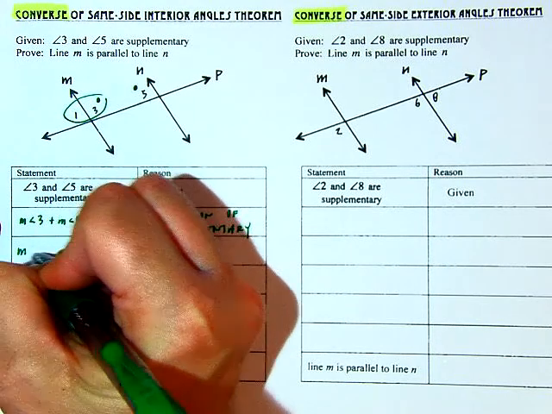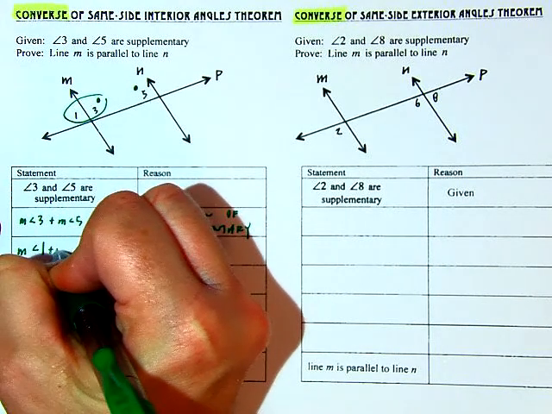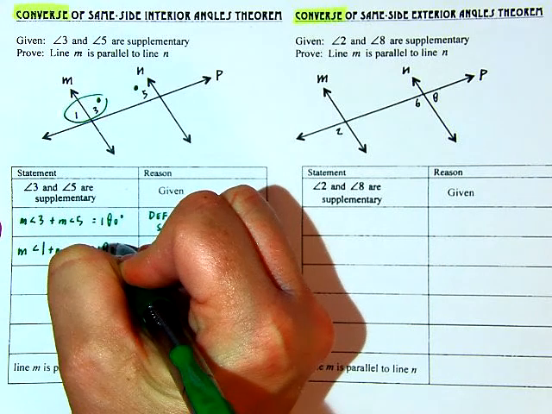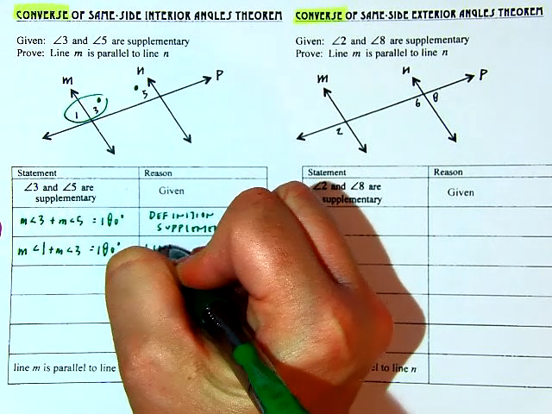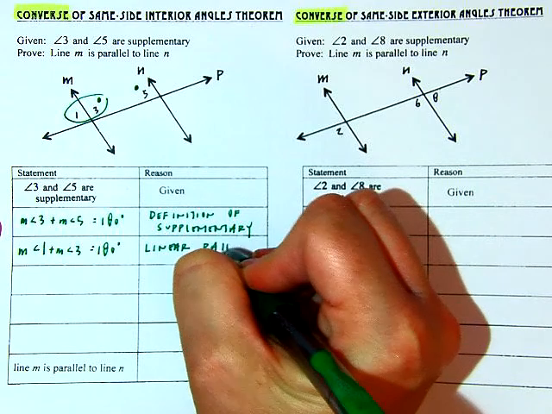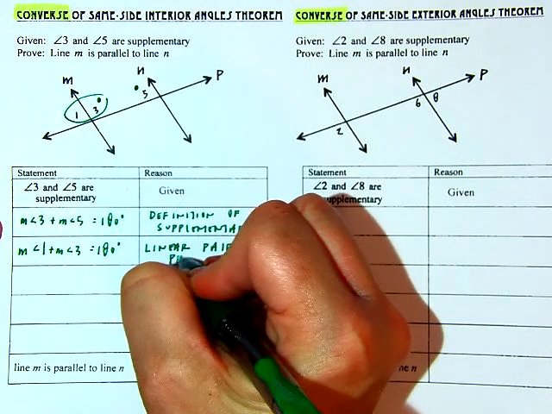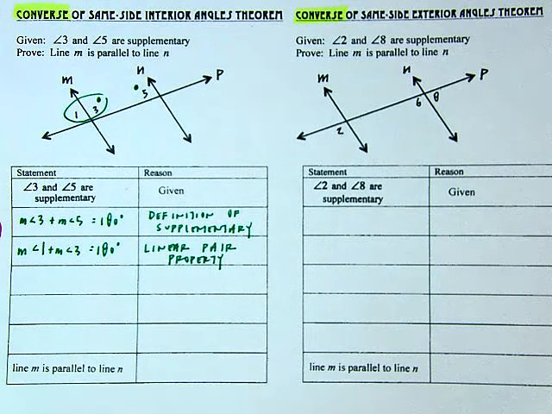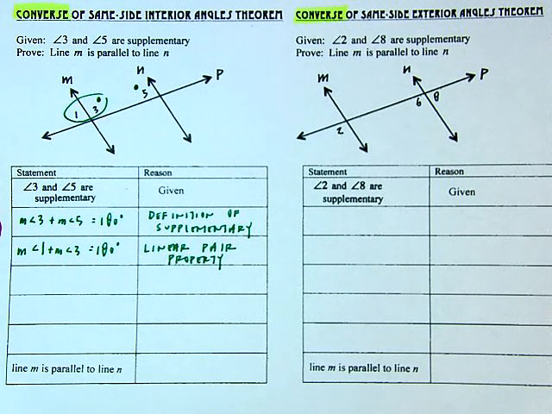So I can see that the measure of 1 plus the measure of 3 must equal 180 as well. They form a linear pair. Linear pairs are always supplementary. So I'm using the linear pair property. If you write linear pairs are supplementary, I will take that too.